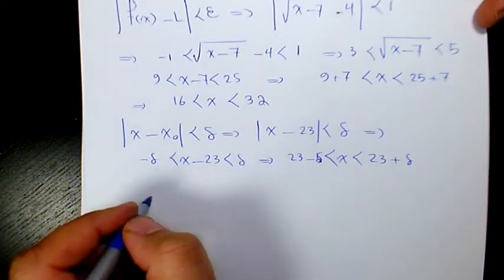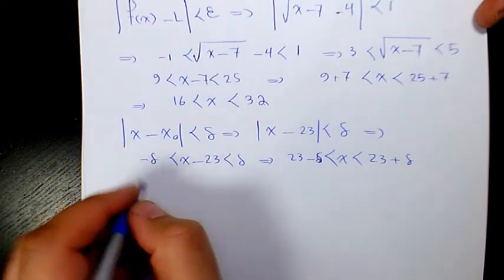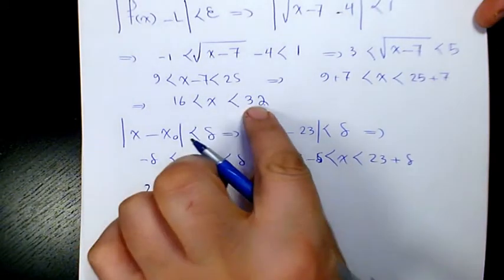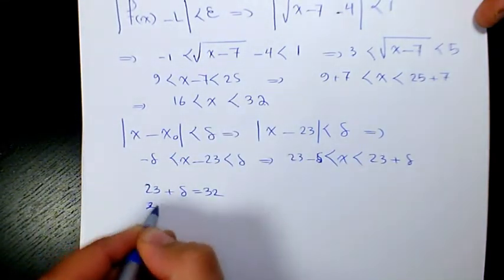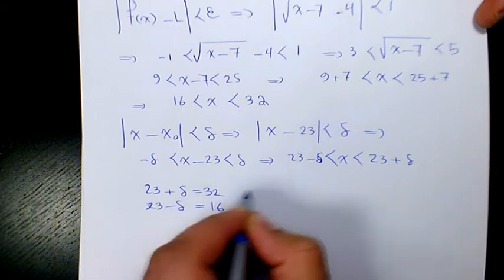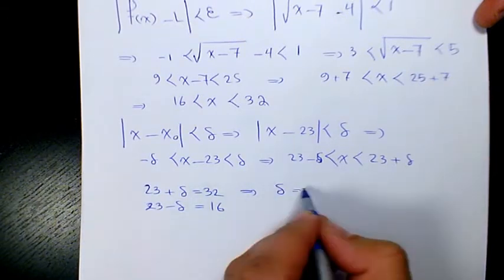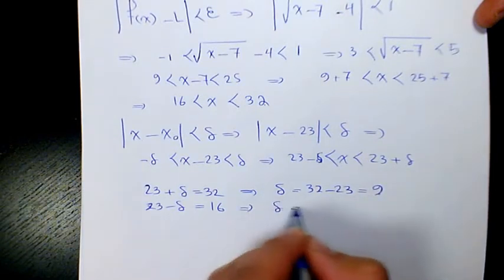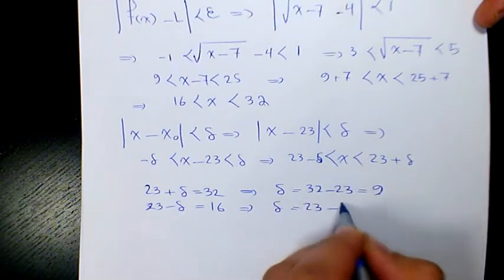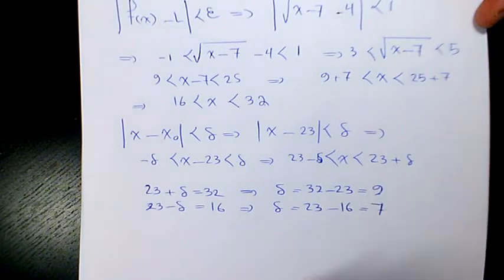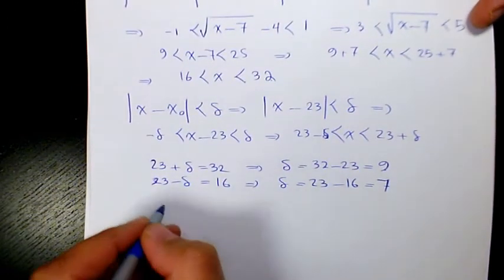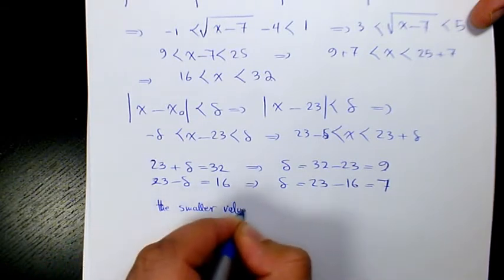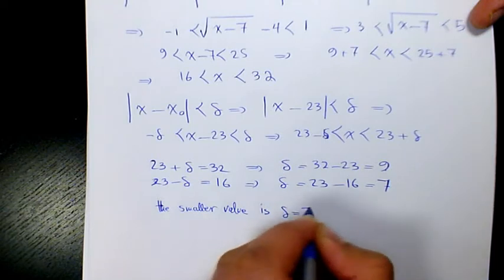So we have 23 plus delta equals 32, as you see here, and 23 minus delta equals 16. So delta in this case is 32 minus 23, that's 9. Delta in here is 23 minus 16, that's going to be 7. So the smaller value is delta equals 7.